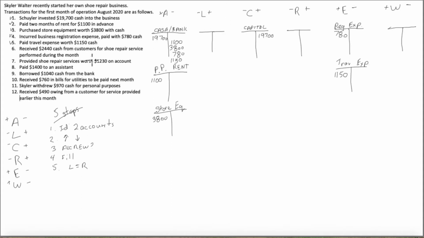So let's look at that. Received cash. So did cash go down or did it go up? Well, it went up. If we're looking at our charts, it went up. So cash went up $2,400, and we know it goes on the left-hand side because it's positive.